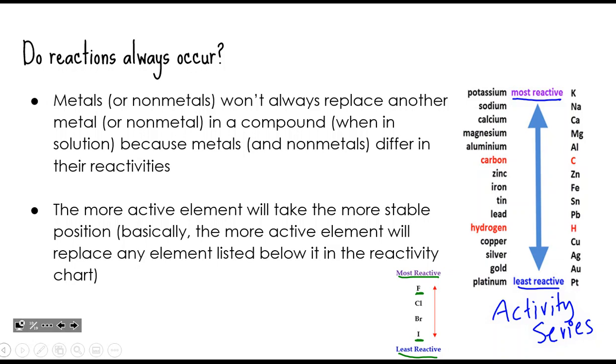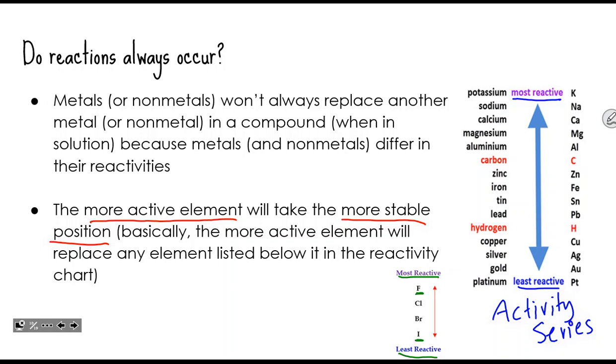As it says right here, the more active element will take the more stable position. It will join the compound. So the more active the element, the more it's going to actually replace. So you look at the activity series, the reactivity chart over there. If you have an element that is lower and less reactive, it is not going to replace one that's higher up.